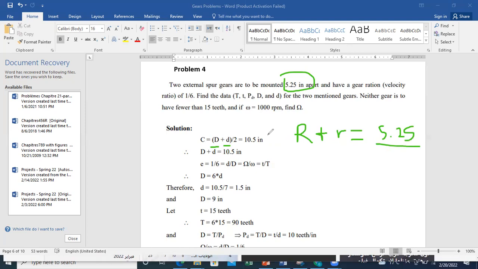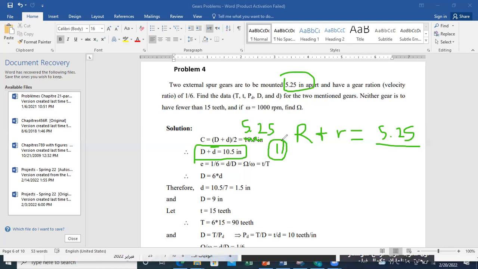So big D plus small d equals 2 times 5.25, equals 10.5 inch. This is equation number 1.